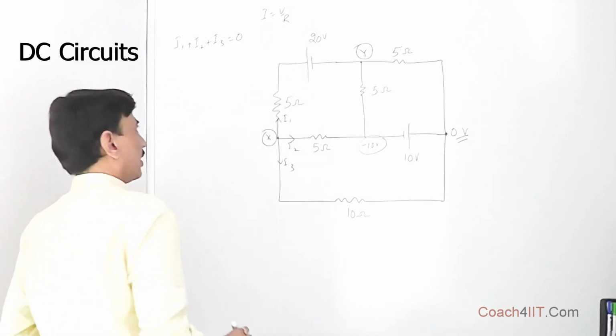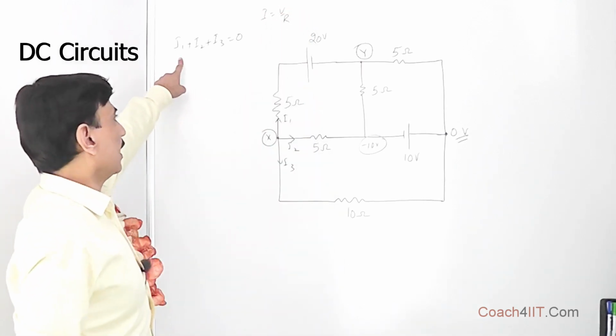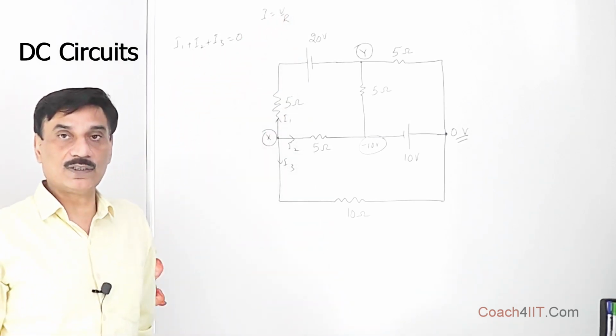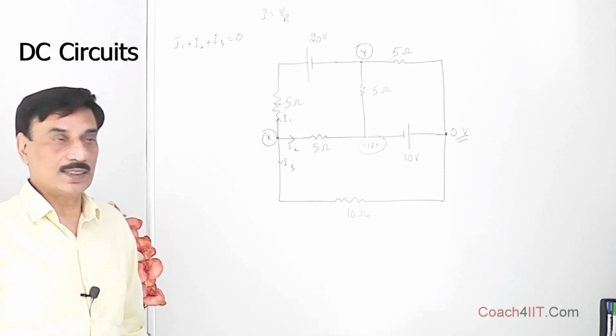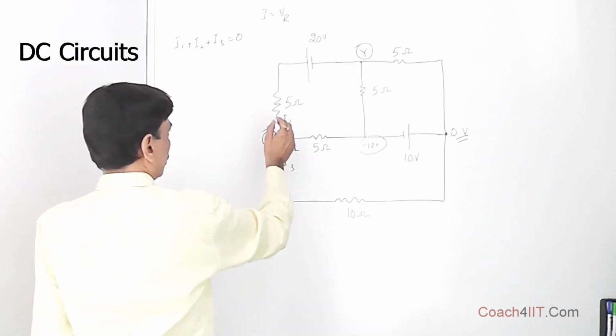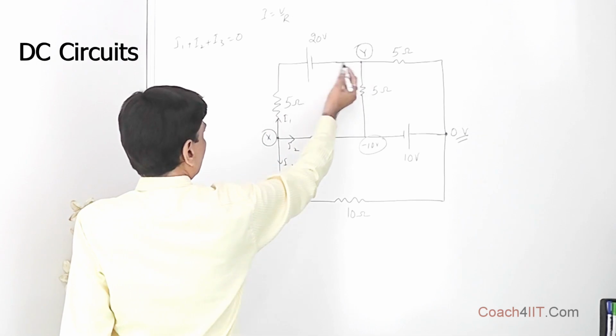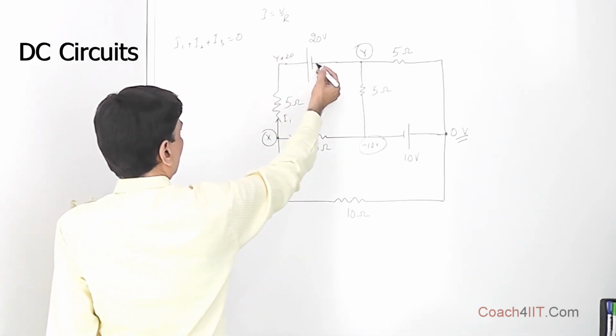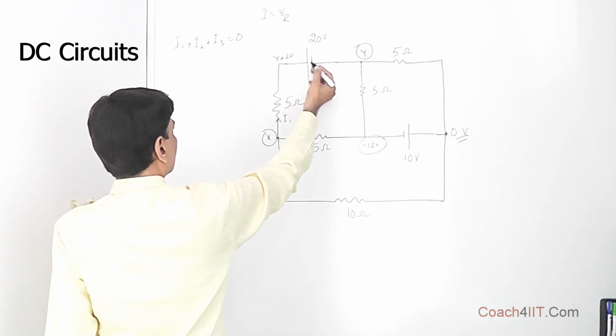If we have to find the value of current through a resistor, we find the potential difference across the resistor, divide by the value of the resistor, and we get the current. Take I1 over here. If this is Y, this is also at Y, so this is at Y plus 20. We are moving from the negative terminal to the positive terminal, so the potential difference is 20 volts.